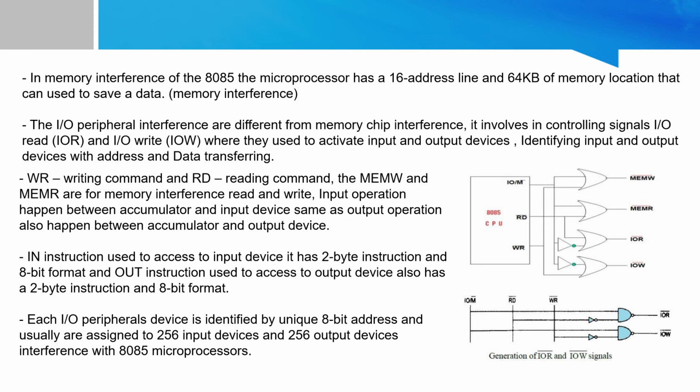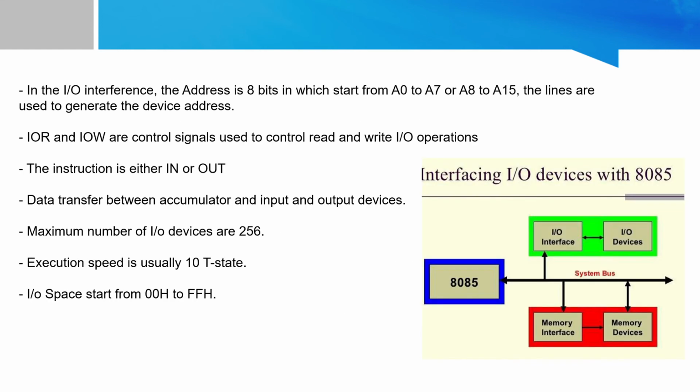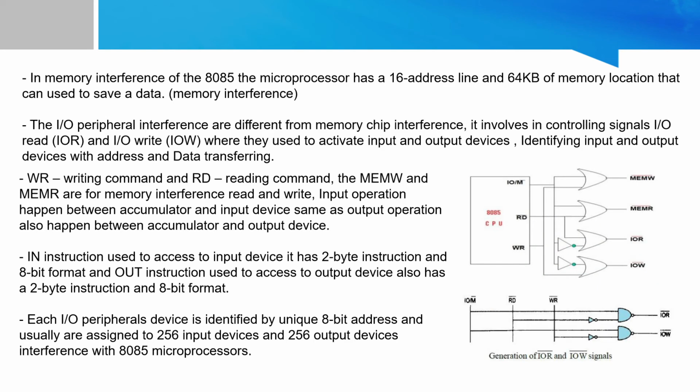In I/O interfacing, the address is 8-bit, which starts from A0 to A7 or A8 to A15. The lines are used to generate the device address. The instruction is either IN or OUT. The maximum number of I/O devices is 256.